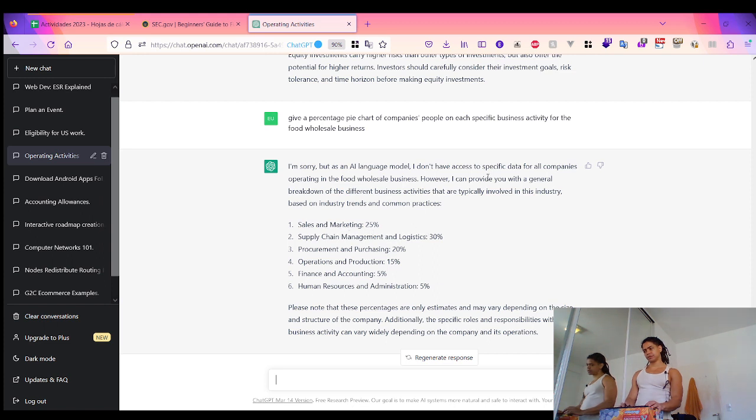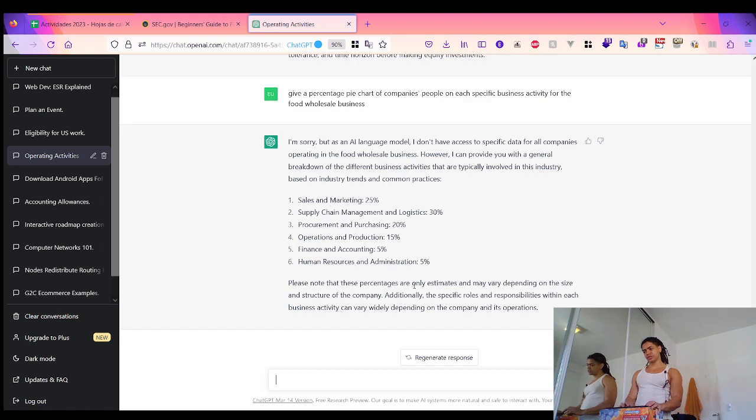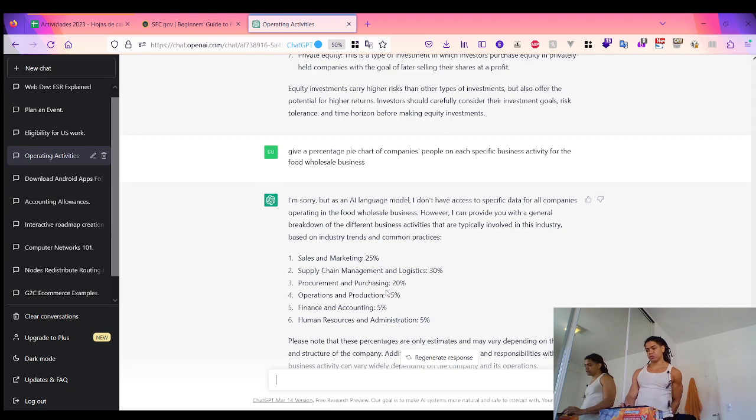Please note that these percentages are only estimates and may vary depending on the size and structure of the company. Additionally, the specific role and responsibility within each business activity can vary widely depending on the company and its operation.